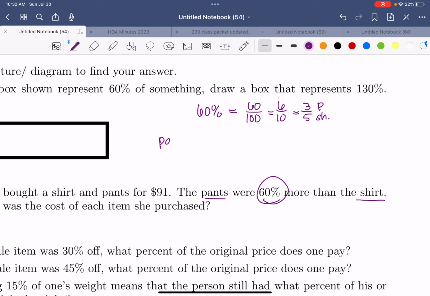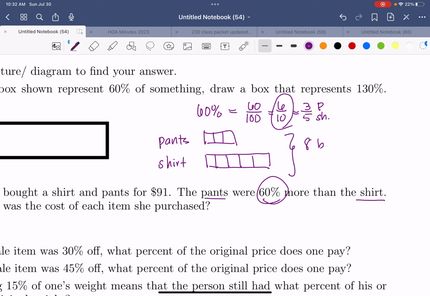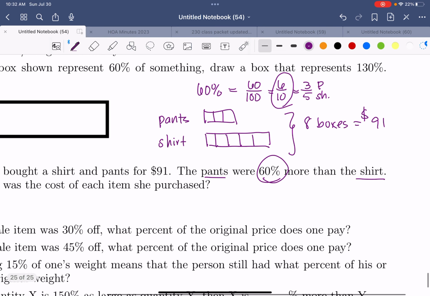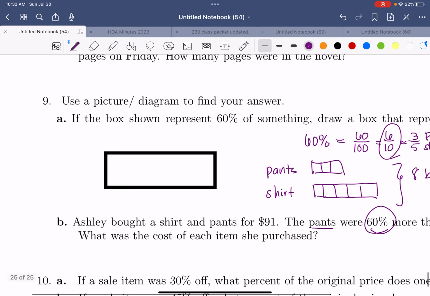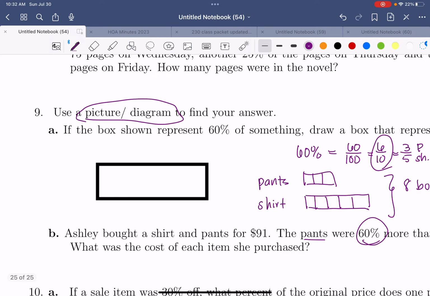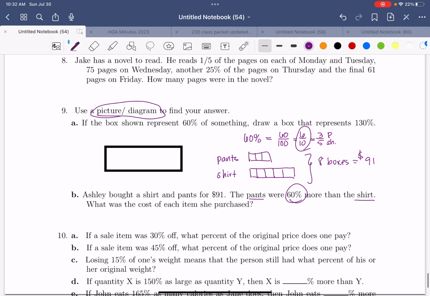So if I'm setting up my boxes, pants would now get 3 boxes and shirt would get 5. If I use 6 and 10, then I just use this ratio instead of reducing it all the way. Then, of course, you set up the boxes. So my total would be 8 boxes equals $91, and you're going from there. It says use a picture or diagram, which is why I did it using boxes.